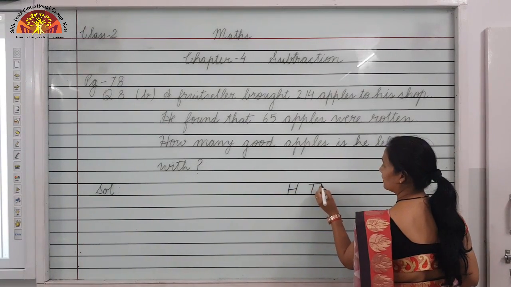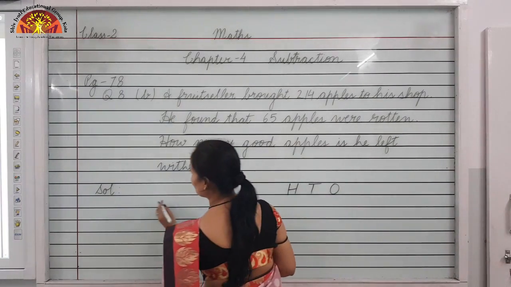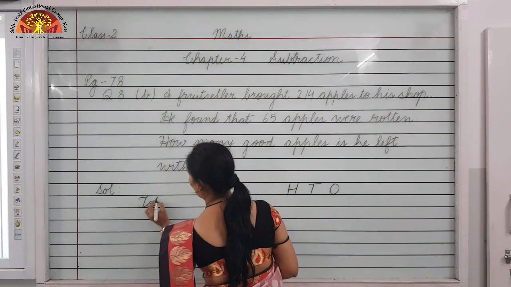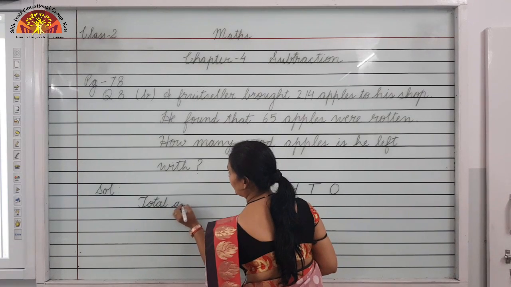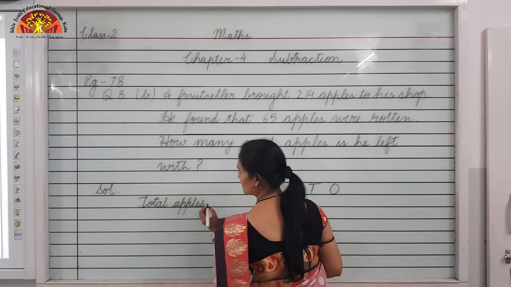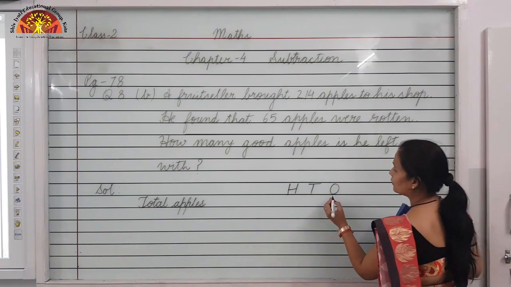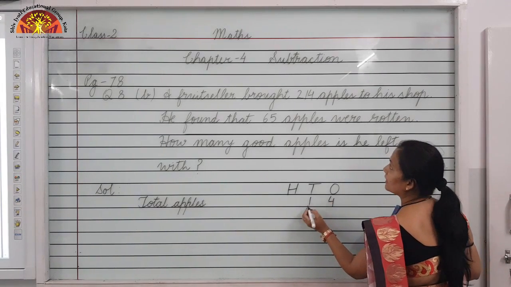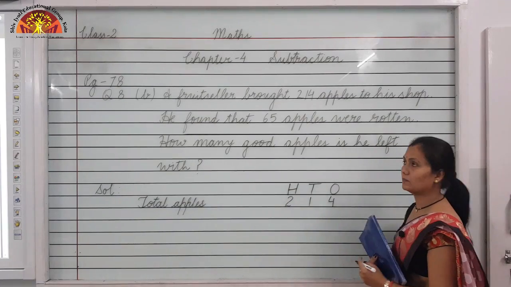Hundreds, tens, ones. We will write total apples, T-O-T-A-L, total, A-P-P-L-E-S, apples, 214. So we will write 4 at ones place, 1 at tens place and 2 at hundreds place.